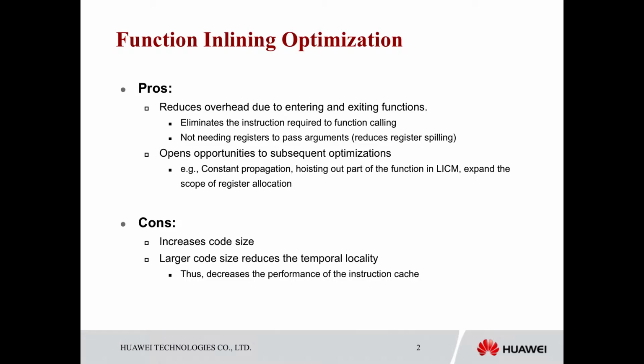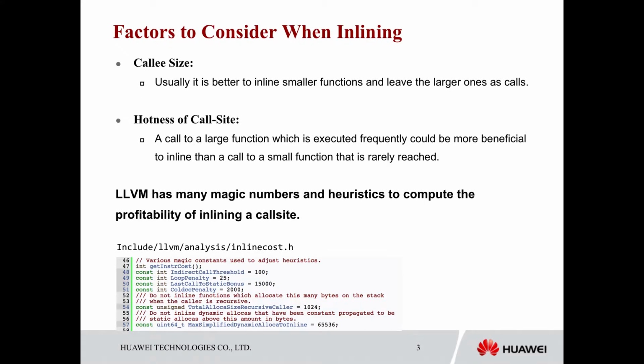One of the other important features of inlining is that it opens opportunities for subsequent passes in a pipeline, and some other optimizations can benefit from inlining. On the negative side, obviously it increases the code size, and with aggressive inlining, larger code size can reduce temporal locality and hurt the memory hierarchy of your runtime.